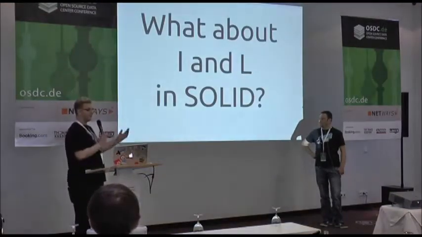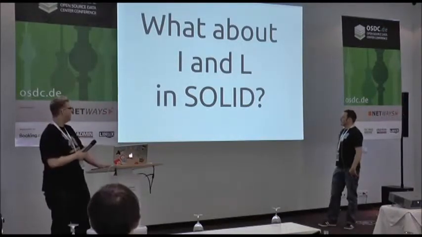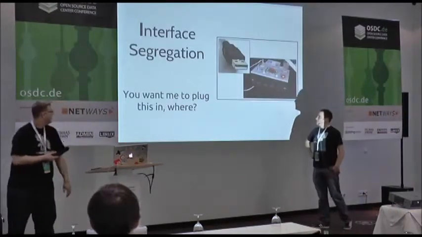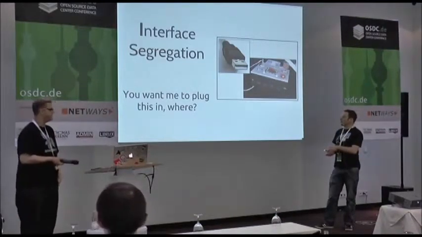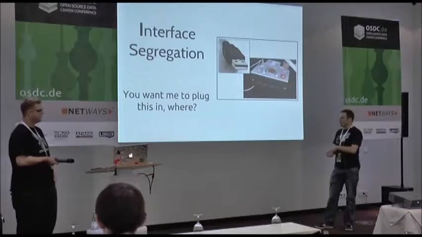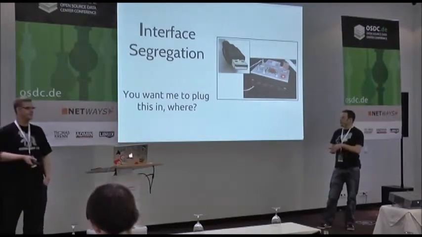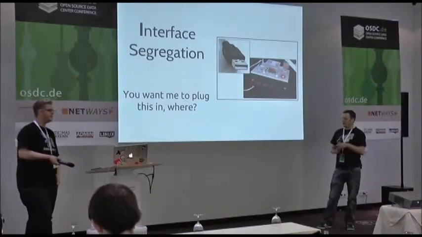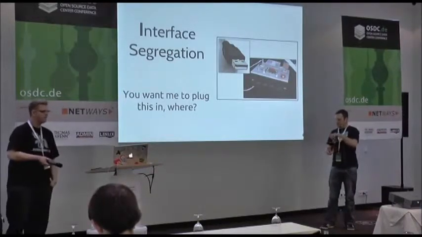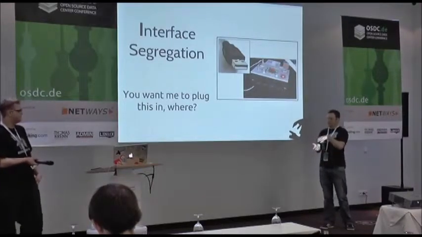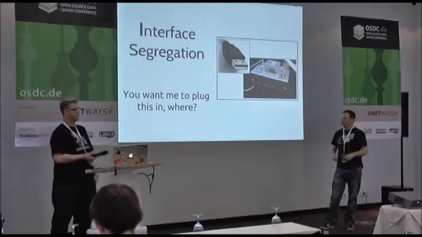And I guess Sönke has to tell us something about the I and the L, because those are still missing. Yeah, it's still missing. So actually, we don't have interface segregation, and the problem here is that interface segregation doesn't really apply to Puppet because you don't have interfaces. In the software world, you have interfaces, and they should be small.